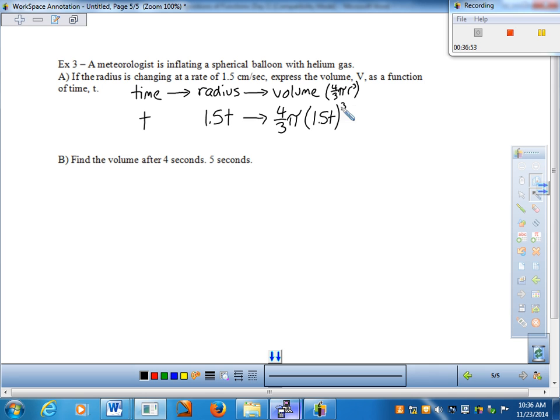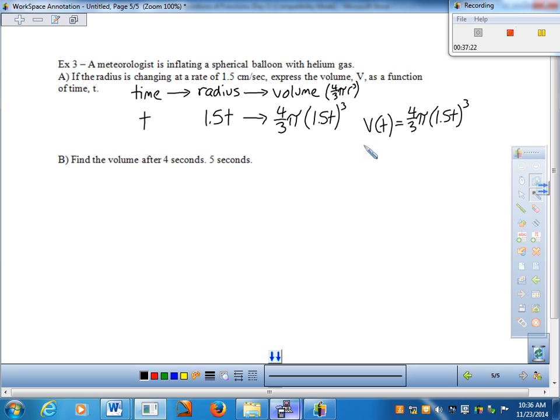And notice in this particular case, I have volume not as a function of the radius, but I have volume as a function of time. So volume as a function of time: 4/3 times pi times 1.5t, and that's going to be cubed.